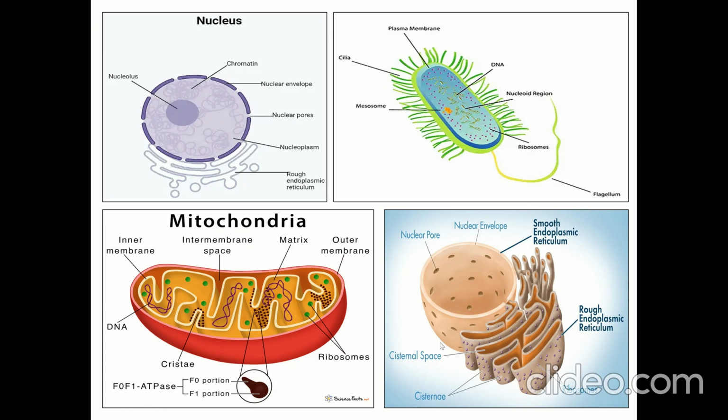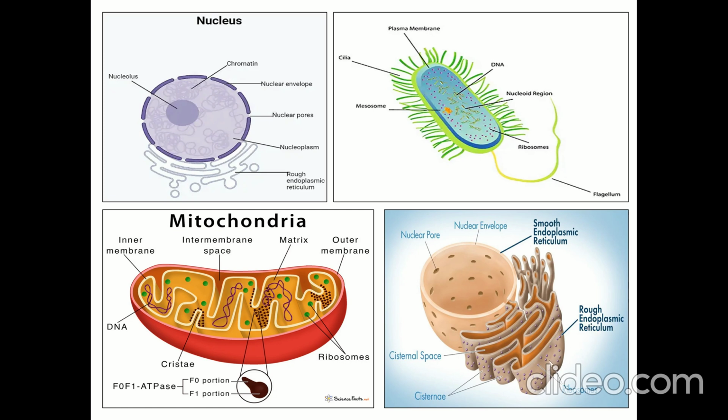This is a picture of the endoplasmic reticulum. It was first discovered by Charles Garnier in the year 1897. The endoplasmic reticulum can be of two types: rough endoplasmic reticulum and smooth endoplasmic reticulum.